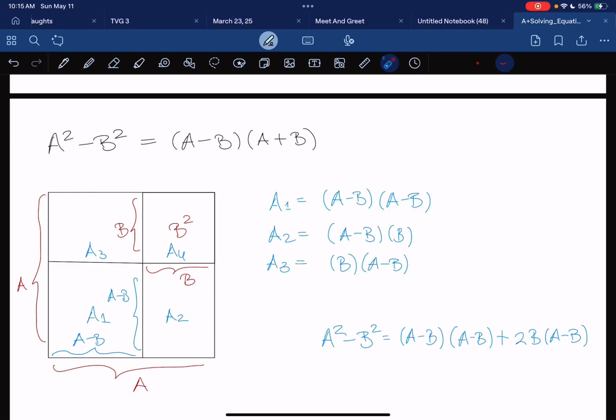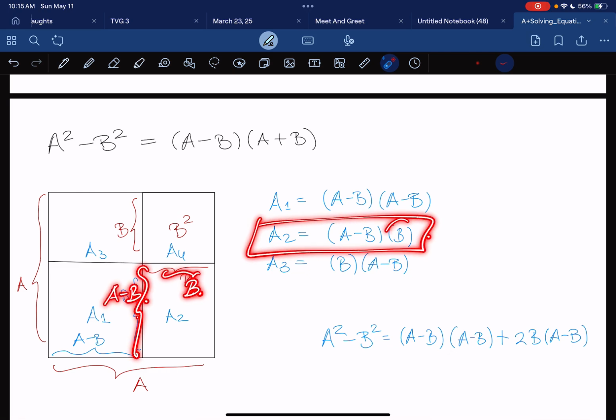Now, area 2 and area 3 are going to be the same. They're just flipped. The height we already know is a minus b, and the base is b. So we have a minus b times b. What about area 3?